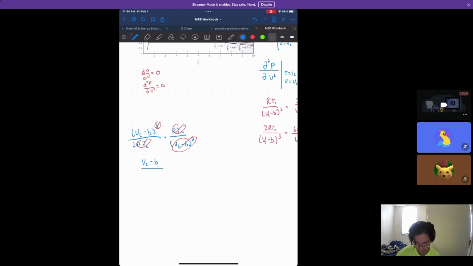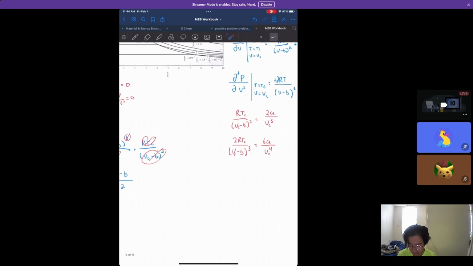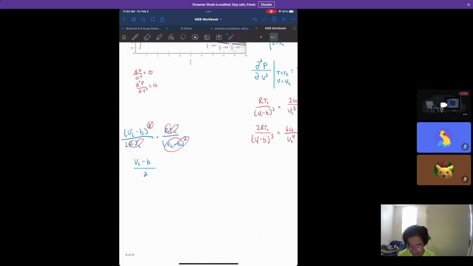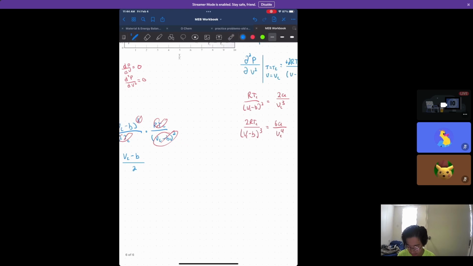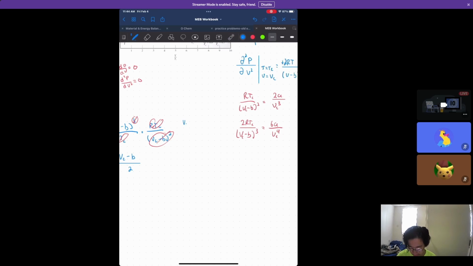And we'll do the same thing for this side of the equation. Okay, so we get VC to the 4th over 6a, multiplied by 2a over VC cubed. What cancels?